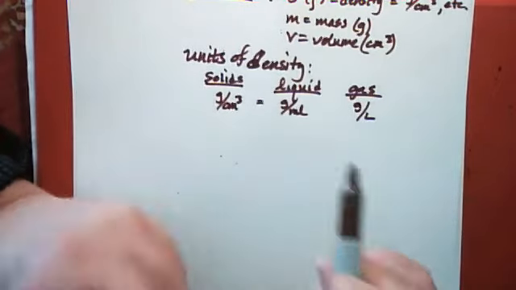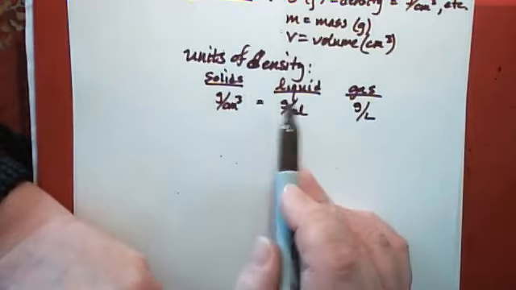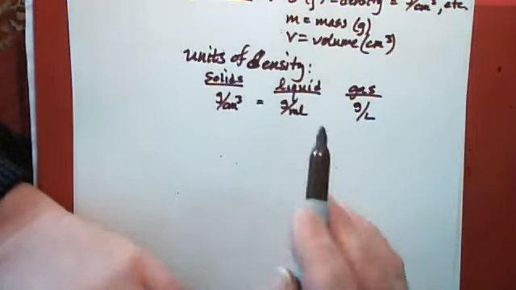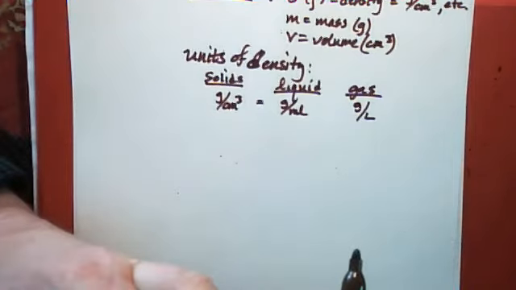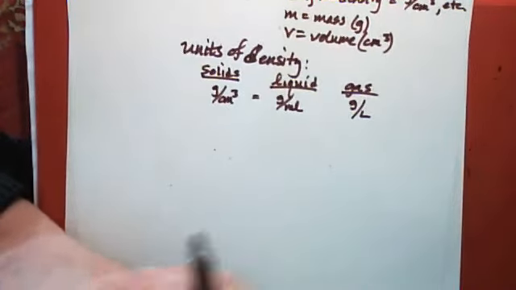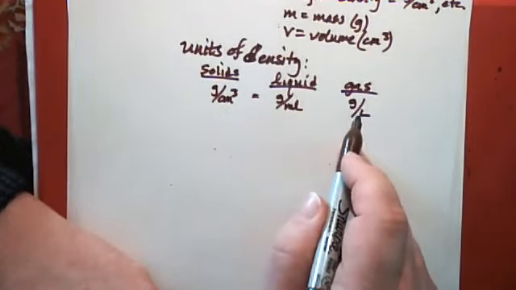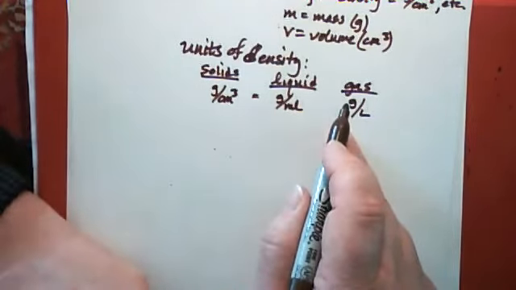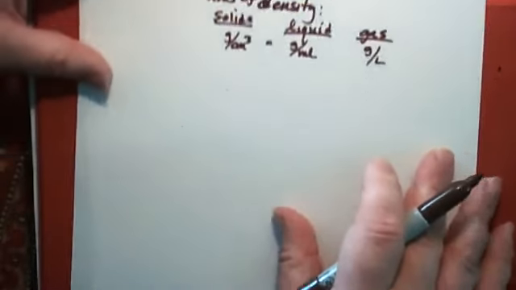Gases are so diffuse that if you reported the density of gases in grams per milliliter at room temperature and normal atmospheric pressure, most gases would probably come out to be somewhere in the neighborhood of maybe 0.002 grams per milliliter, while grams per liter would be more like 2, which is a much more convenient number to deal with. So grams per liter is what we usually use for gases.